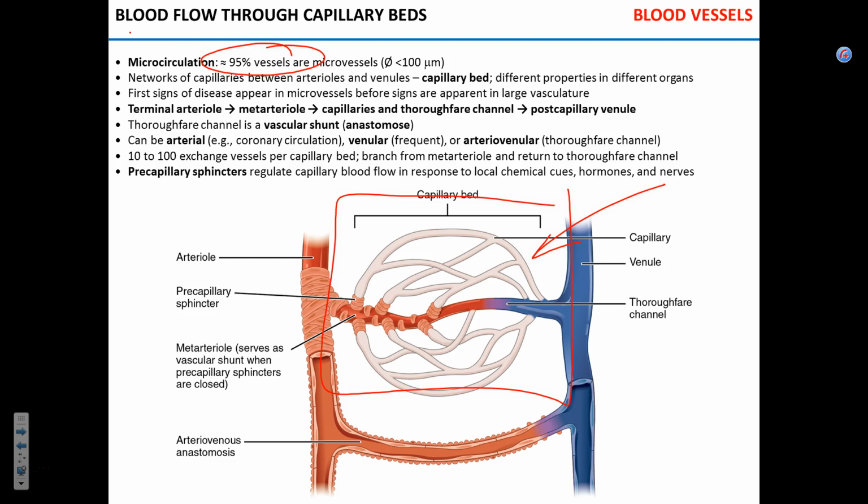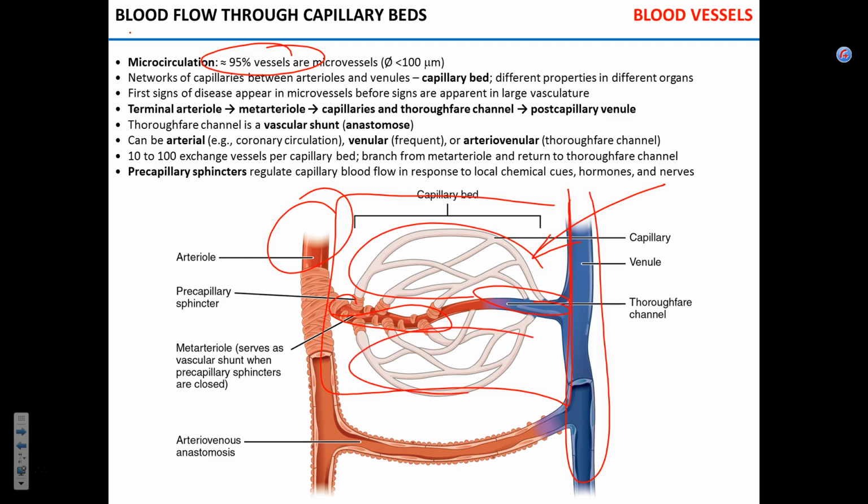And that is all site of exchange. So, what forms microcirculation? Small arterioles, like this metarteriole. Small veins, like thoroughfare channels or post-capillary venules. And of course, capillaries.